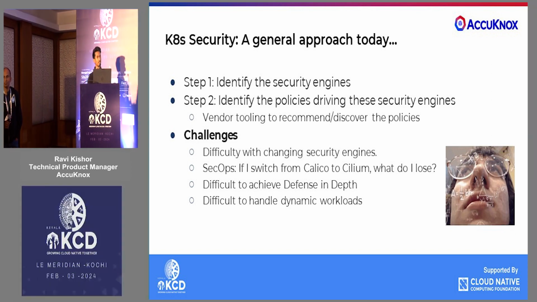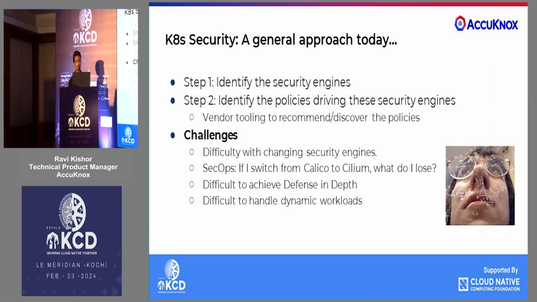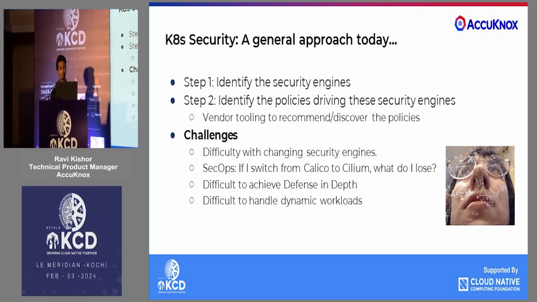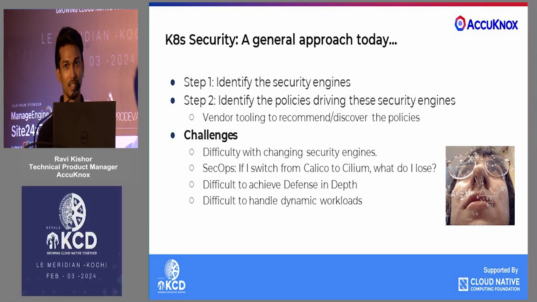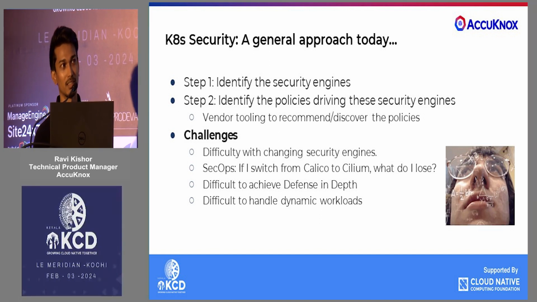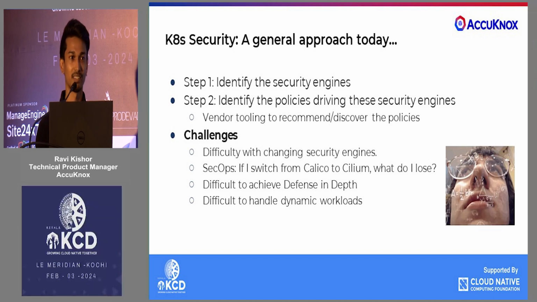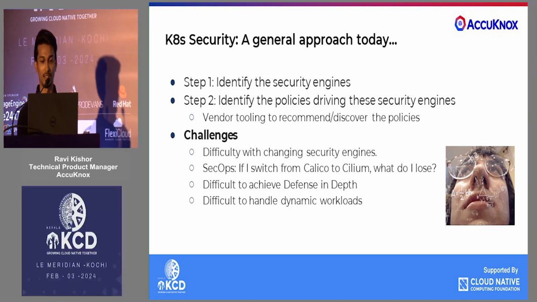And there is always a trade-off: if I switch from one tool, what do I lose? In this example, if I'm using Cilium and then I switch to Calico open source, I lose L7 visibility, because Calico Enterprise has L7 visibility, but Cilium open source has that built in.